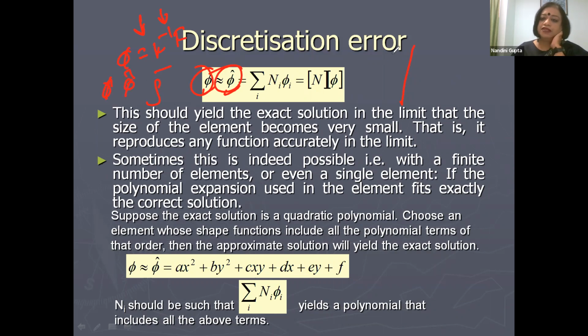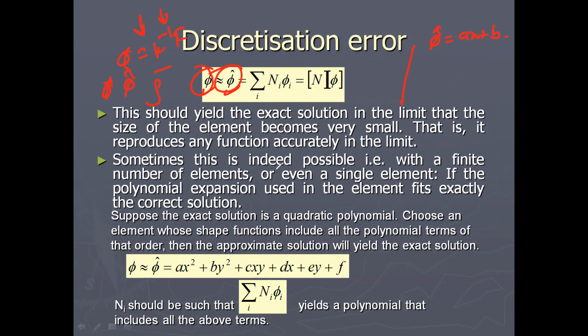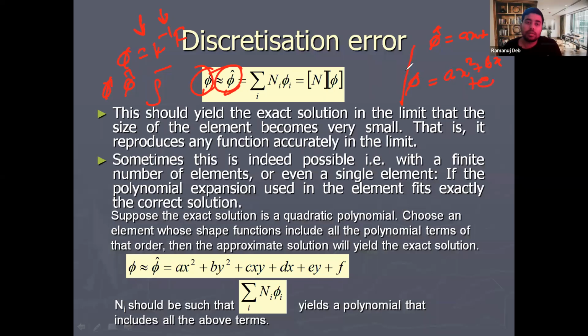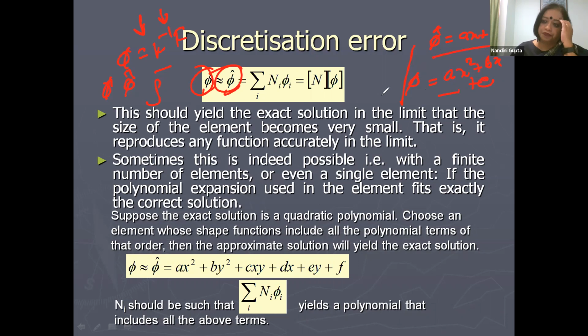So in all our previous cases, we have chosen phi hat to be a linear solution. Now, it is entirely possible that your actual phi is a... When our phi hat matches the order of the... Exactly. So you do not know what the exact solution is. It is possible that it's a quadratic function and you're trying to approximate it with a linear function.